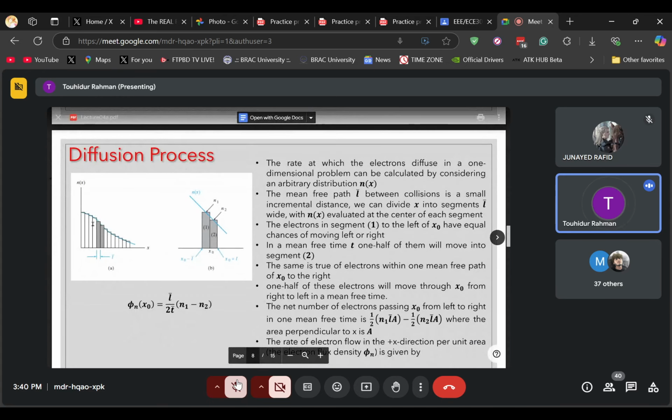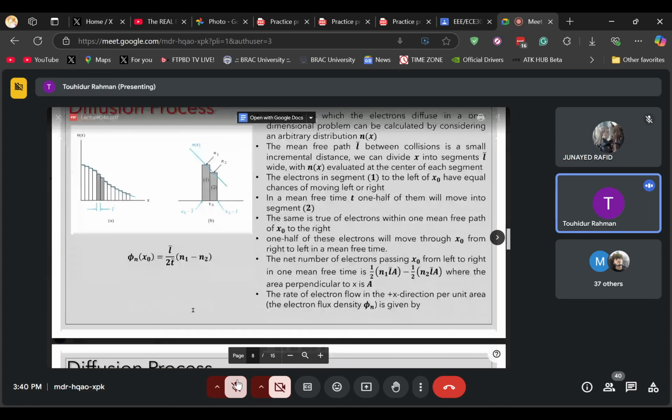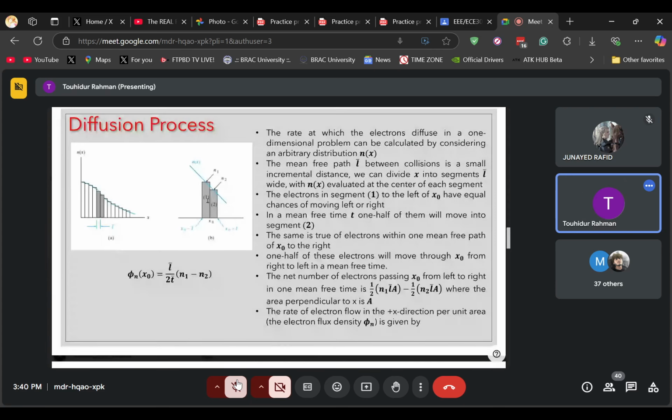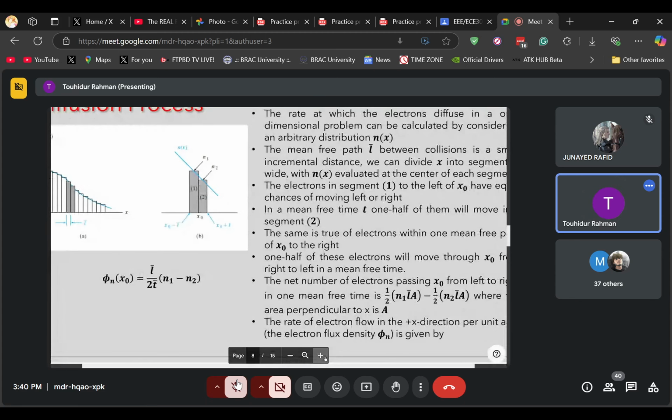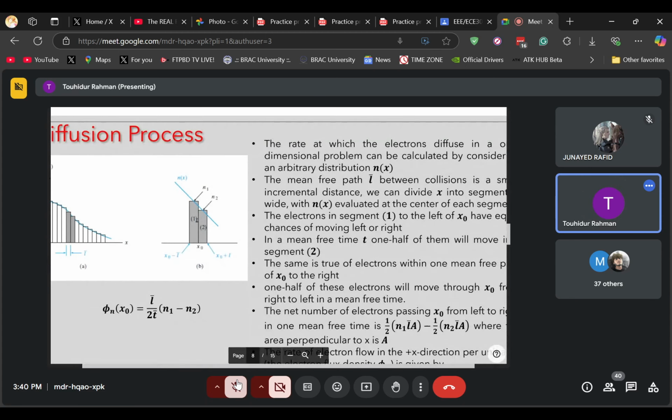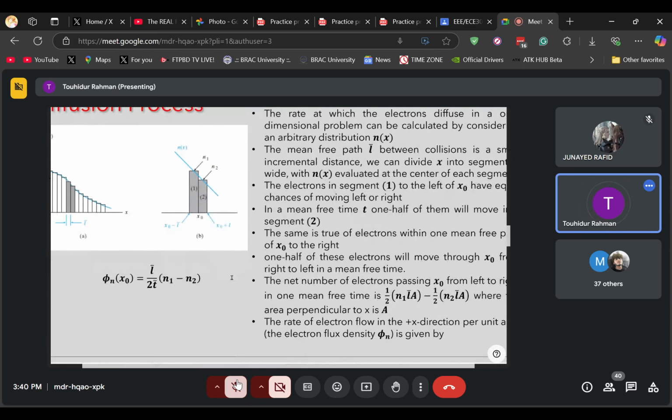Suppose we have this kind of distribution, and we took two sections, 1 and 2. The concentration in section 1 is greater than the concentration in section 2. So the amount of particles moved from 1 to 2, we can write as n1 minus n2, because that's the difference of concentration.